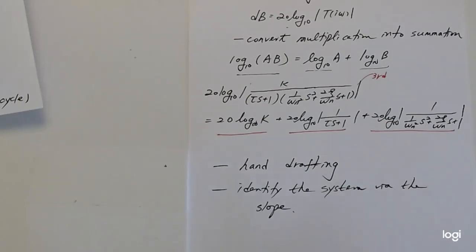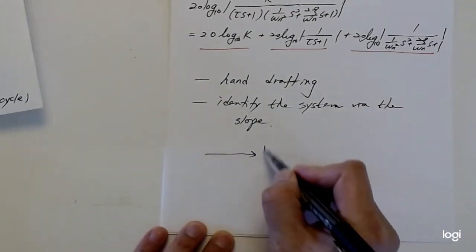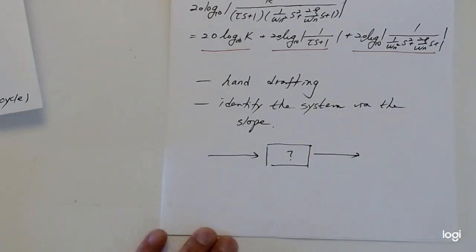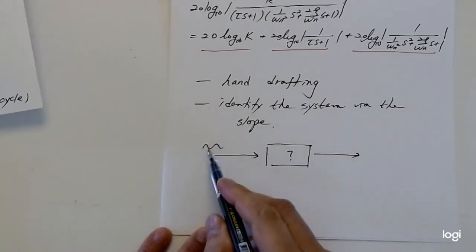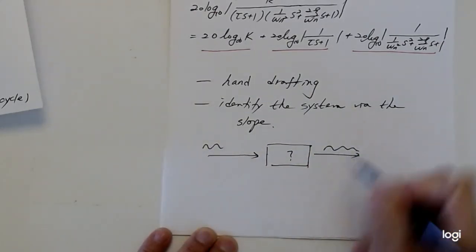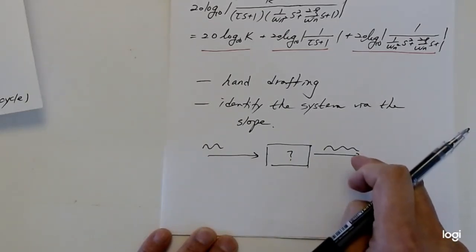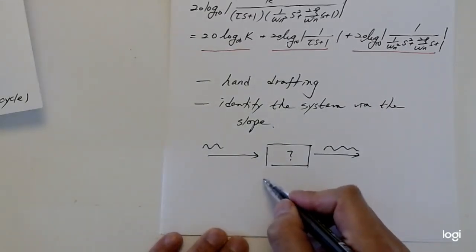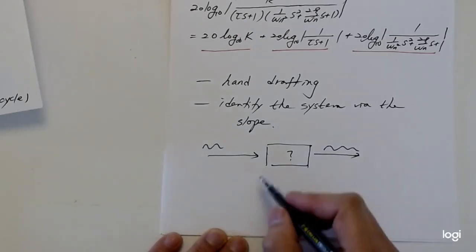Okay, so a lot of the time the situation is we don't know the system. We can run a signal input, sinusoidal in, sinusoidal out. From the Bode plot, or output over input, you can come back and determine the system model.